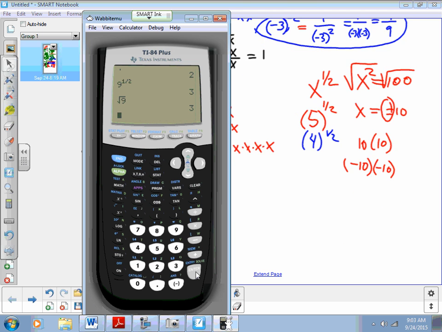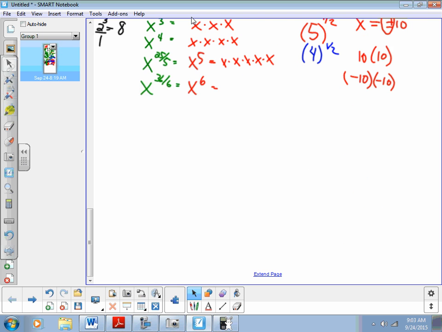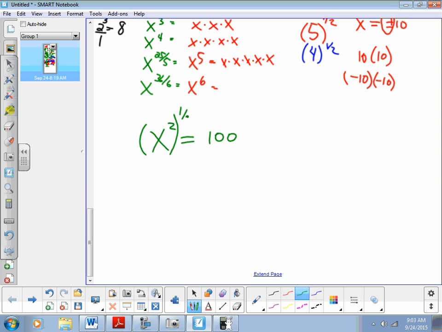Check this out. Square roots and squaring are opposites of each other, right? So if I'm going to do the square root of both sides, that'll solve it, right? What if I do this? Instead of square root, I raise it to the 1/2 power. What happens when you raise an exponent to another exponent?